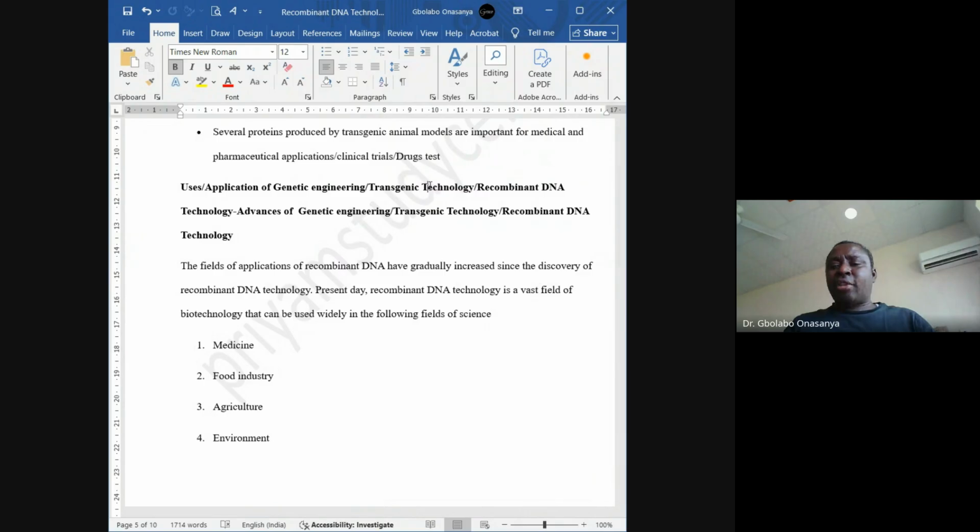But their quantities are small. So if you want to use them for remediation, that is, for cleaning of our environment, we can culture thousands of copies. We can clone thousands of copies of these hydrocarbonoclastic bacteria, release them into our crude oil impacted environment, and we begin to clean them.